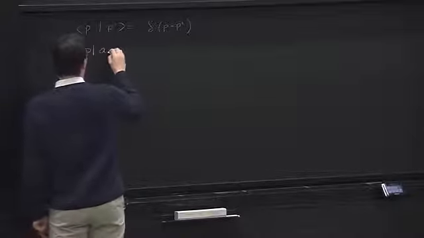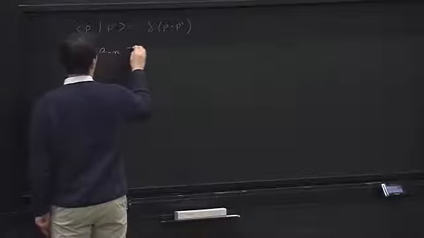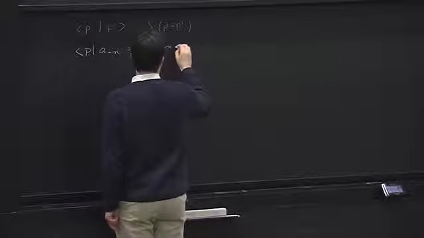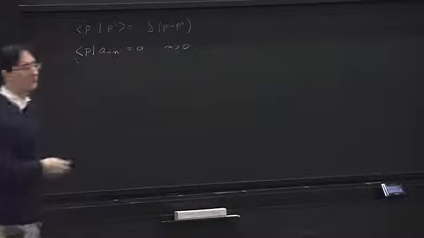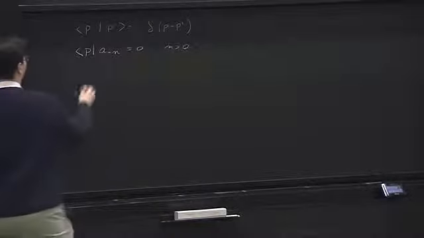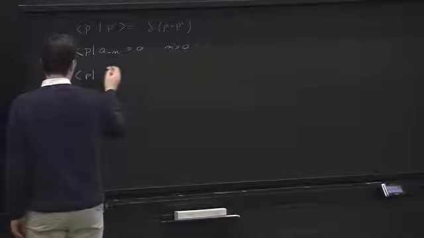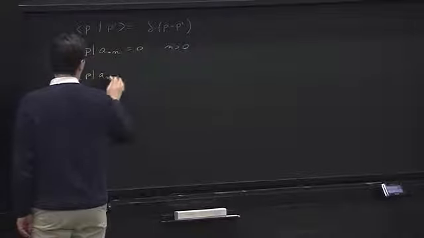Your states are killed by the positive modes, and your bras are killed by the negative modes. You can define descendants in this dual space by acting with positive modes.